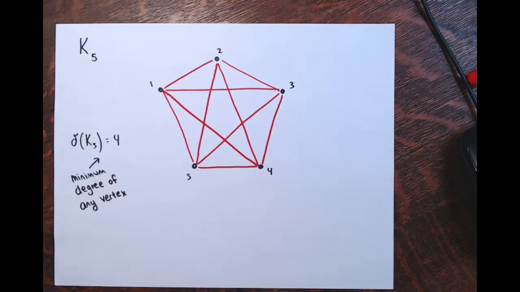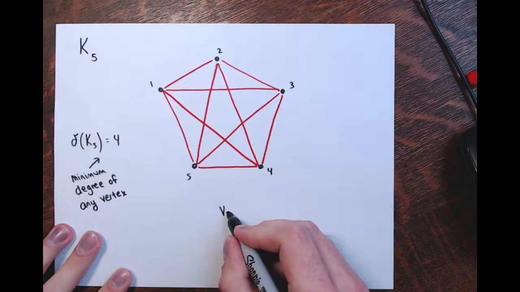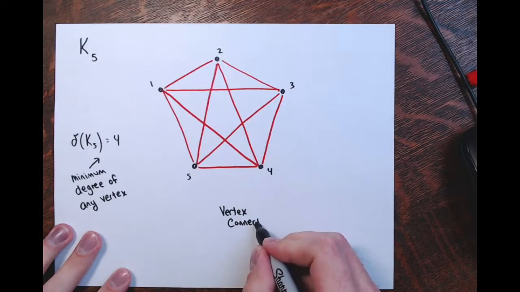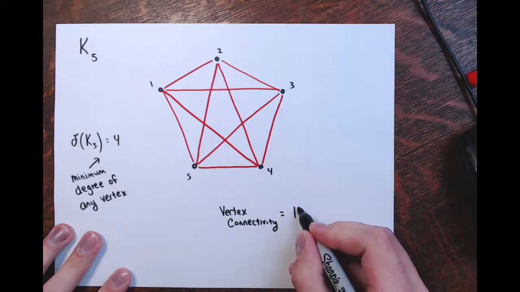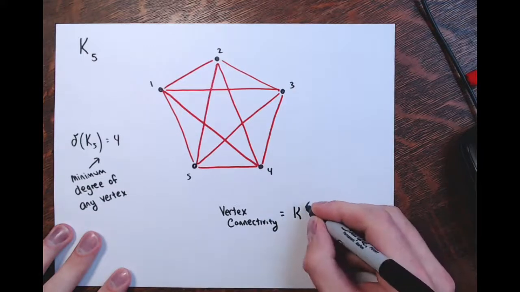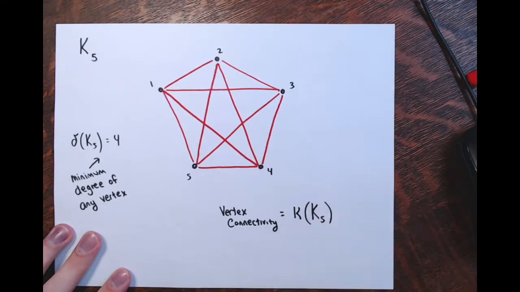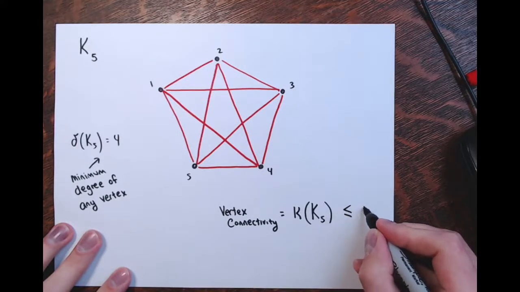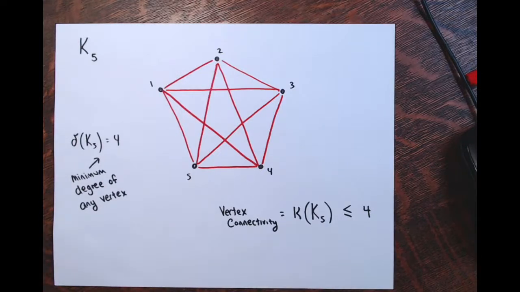And by that theorem that was shown to you earlier, the vertex connectivity, which was called kappa, I know my kappa and my capital K look pretty similar, the vertex connectivity will be less than or equal to 4 then. So it could be 4 or less, down to 1.